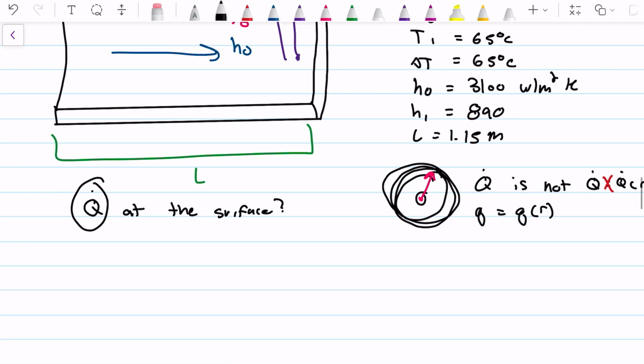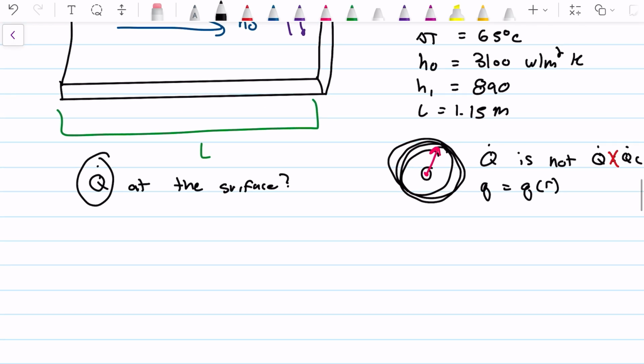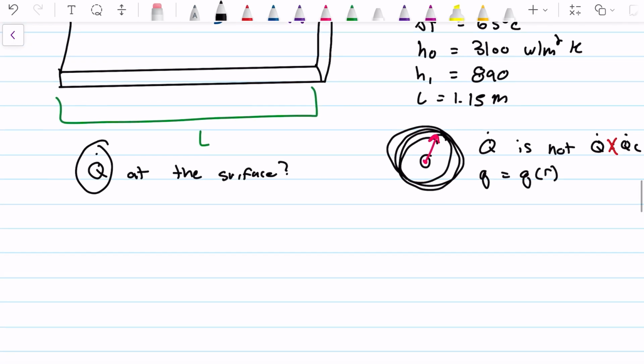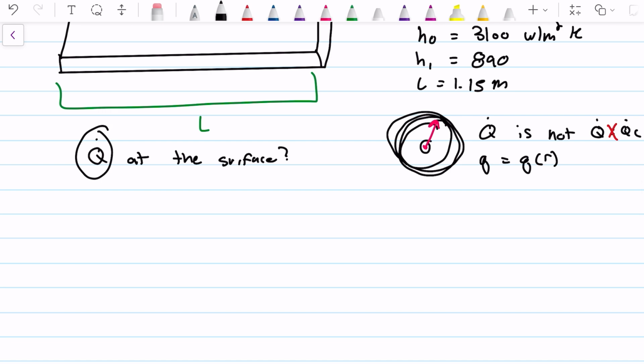So the reason I'm making a point of this is, as I mentioned in the topic video, if you watched that, that you're going to want to define these problems in terms of Q. So basically, let me just write this. Q equals UA delta T. This is the equation we're going to want to use for these problems.